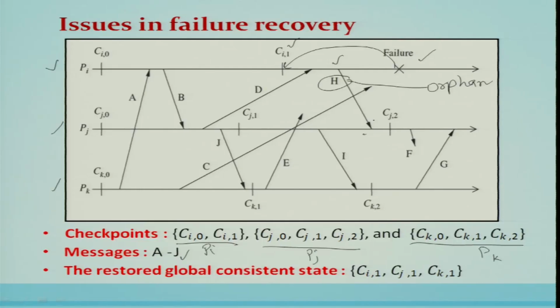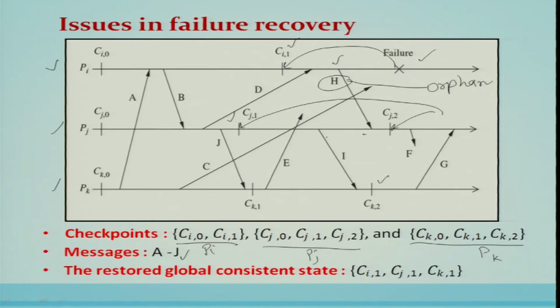Because of the orphan message, the process Pj also has to roll back, and it will not roll back to Cj2, but it has to roll back to Cj1. So the recovery line now follows this for Pi and Pj. Similarly, Pk will not be able to roll back to Ck2. Why?